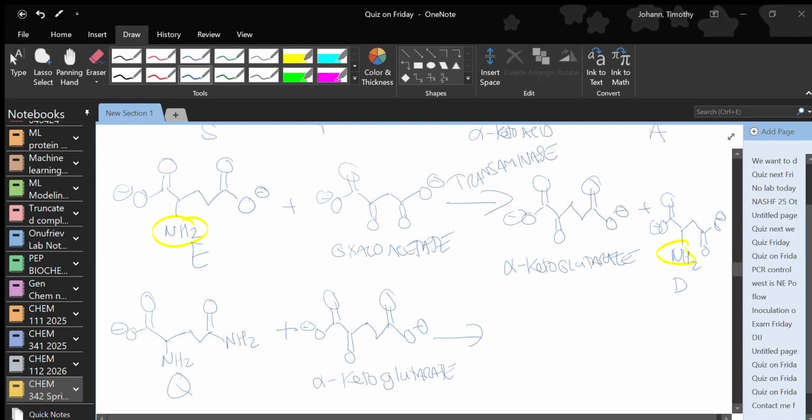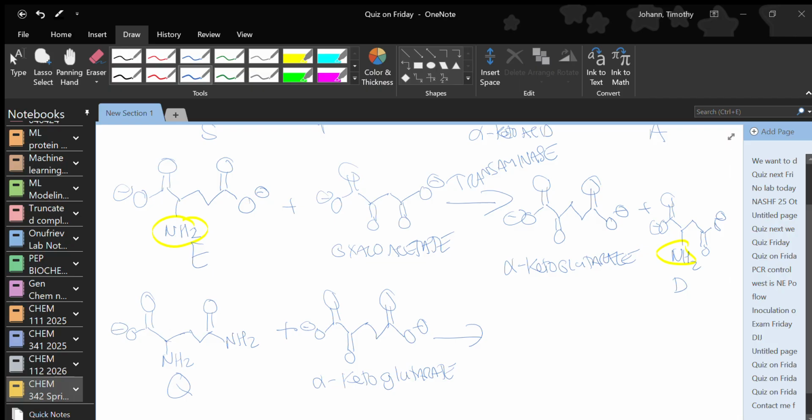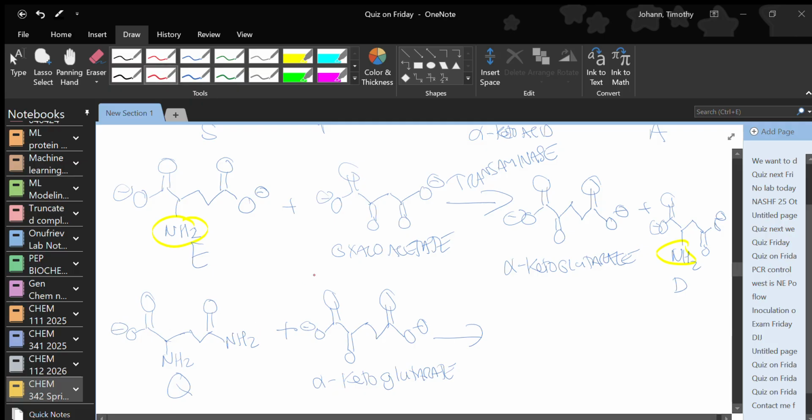All right, and what we're going to do is make whatever glutamine is without the amine, an alpha keto acid. We're going to take this one, not that one. That's why I'm doing this right here. So I'm going to just write, that's hot, danger, do not touch. It's this one that gets transferred by a transaminase.